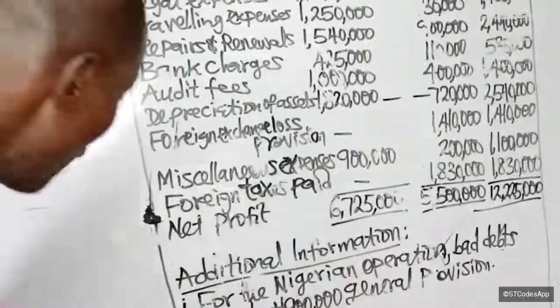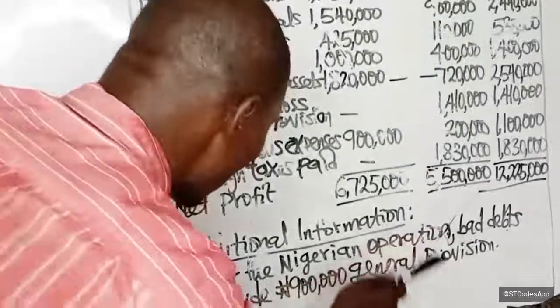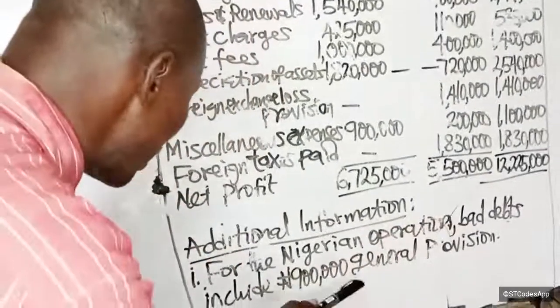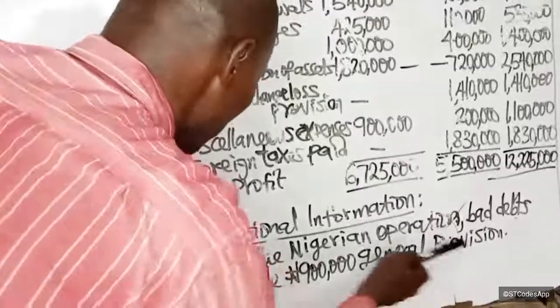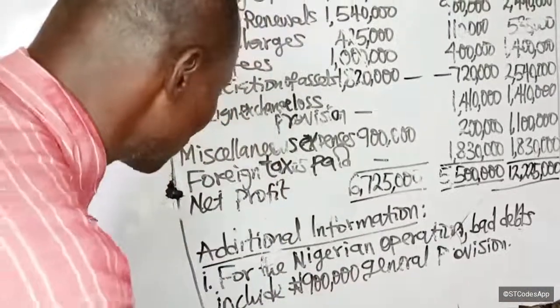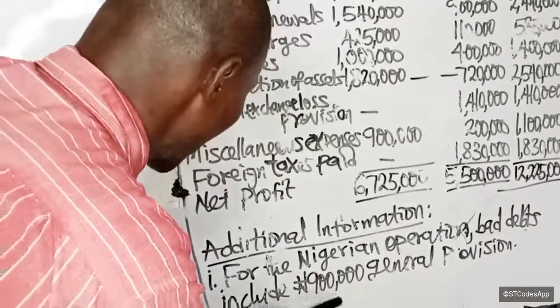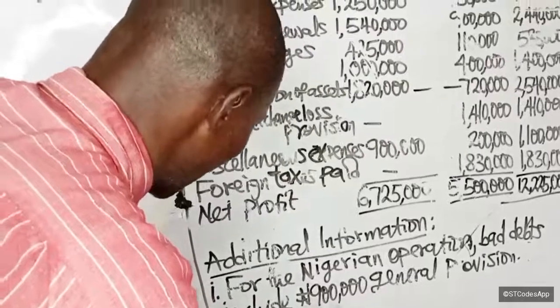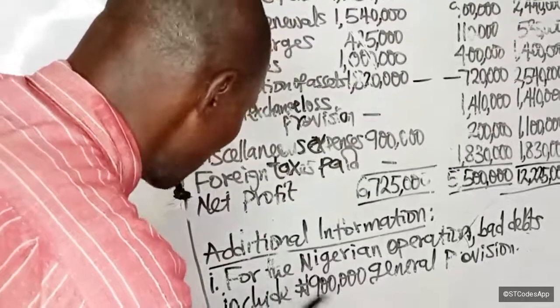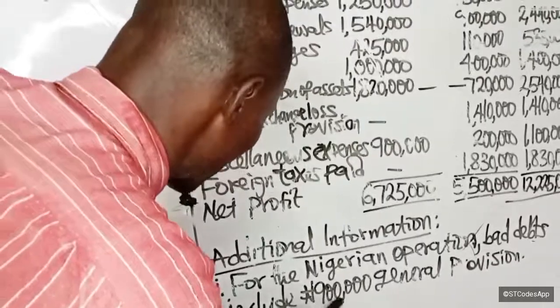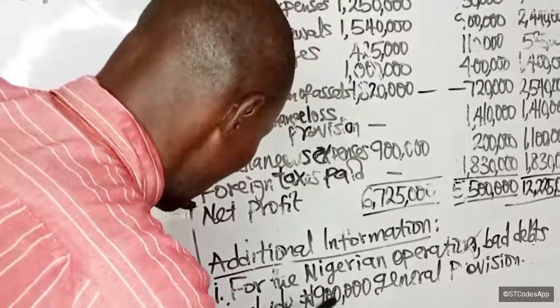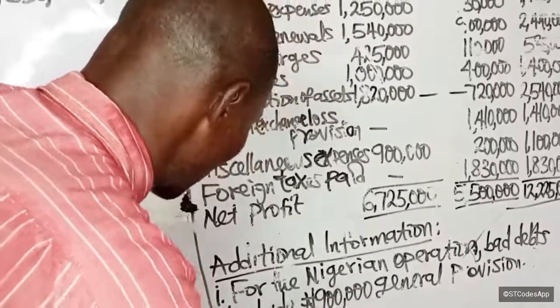Additional information. For the Nigerian operation, bad debts include 900,000 general provision. Remember we've said earlier that provision for bad debts is not allowable, if you have watched my presentation on company income tax adjusted profit. So general provision is not allowable, while specific provision is allowable.